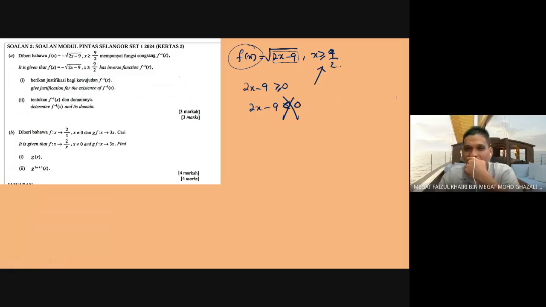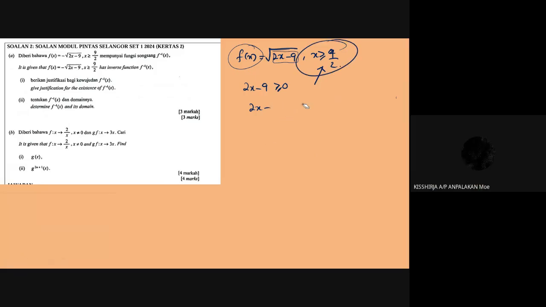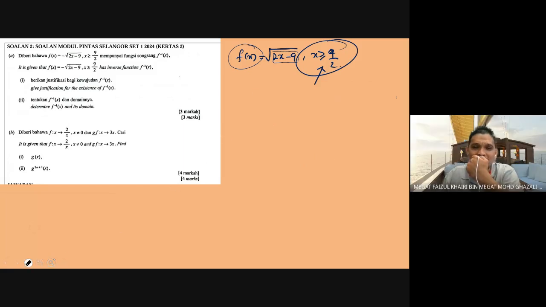You get what I mean? But teacher, the equation is negative square root of 2x minus 9, isn't it? The negative is outside the square root sign, not inside.